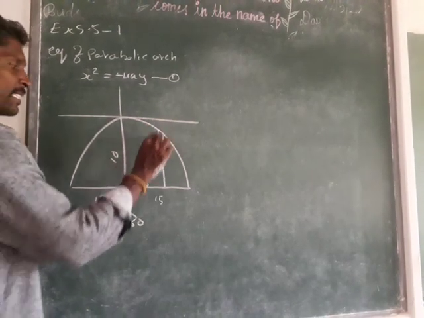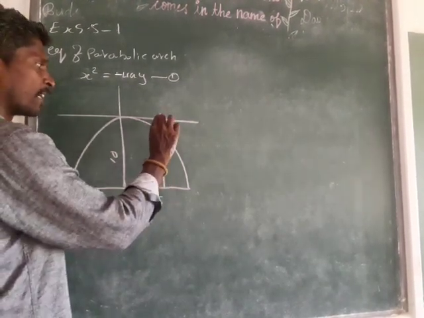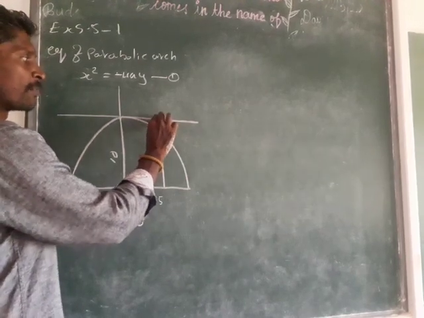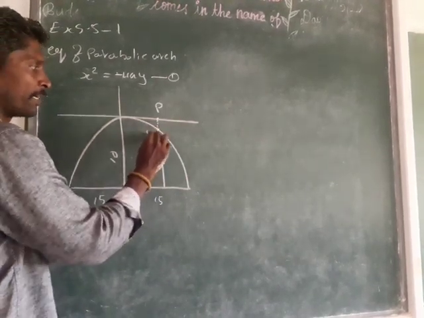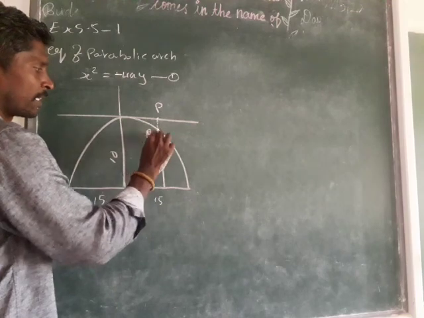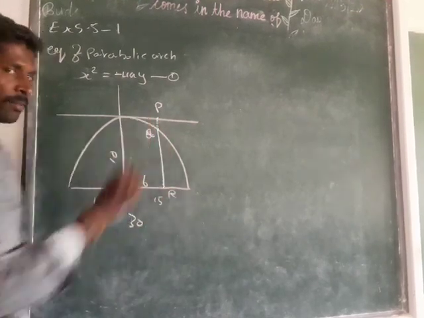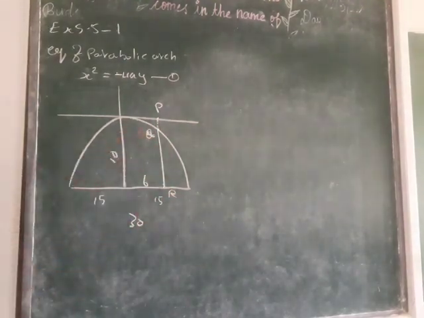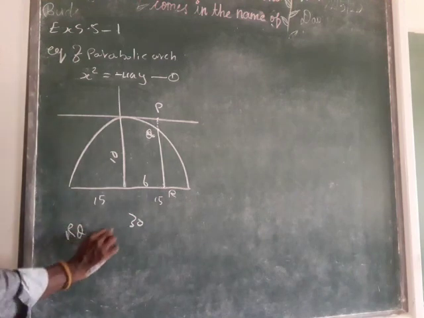To find this height, I extend the line to the y-axis and x-axis, then mark point P, then mark point Q, and take the other point as R. What they asked is to find RQ.